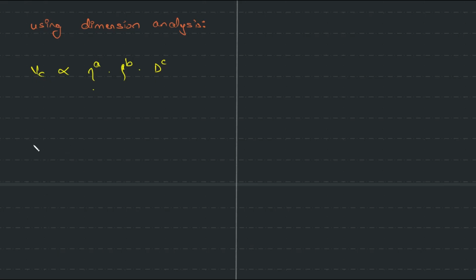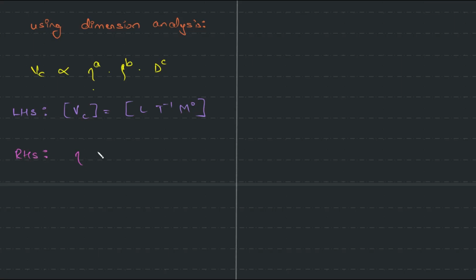Now, what is the dimension at the LHS? We are looking at L T minus 1, and M is 0. Then on the RHS, what do we have?